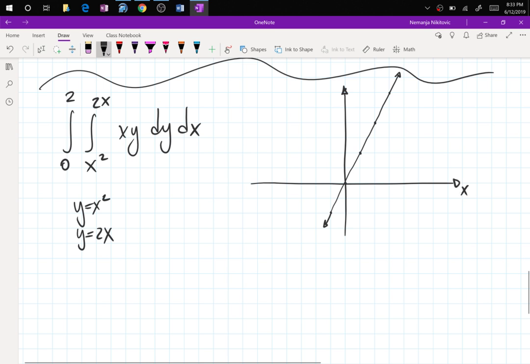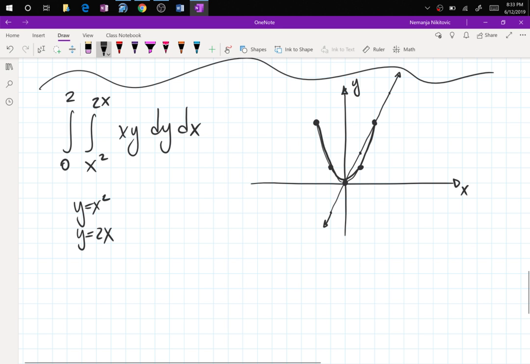Now it's good to draw as precise. I mean, I can go like this, but no. X squared goes through what points? It goes through 0, 0, goes through 1, 1, and then symmetric, goes through 2, 4, and then symmetric. It goes to 3, 9, but we don't care because they already intersected there. So I'm going to draw this.